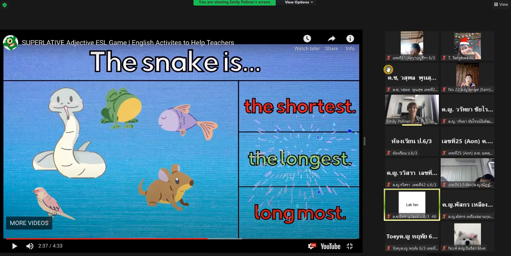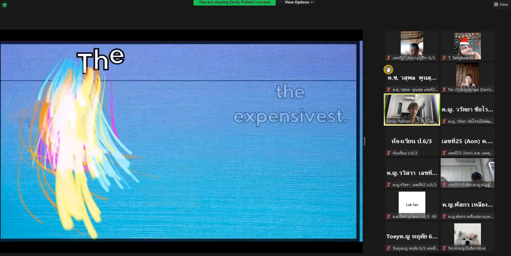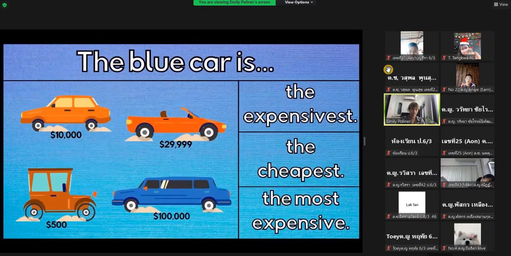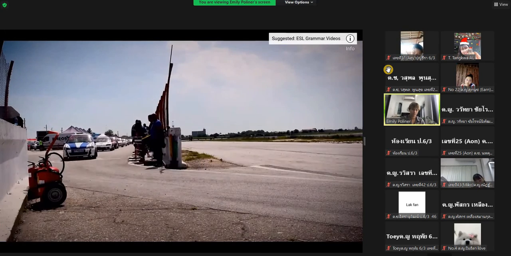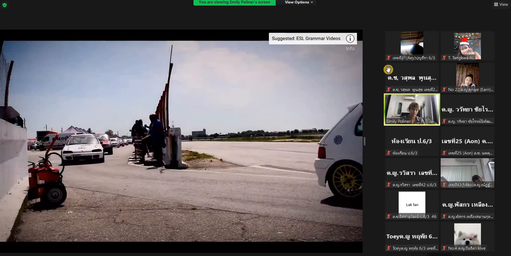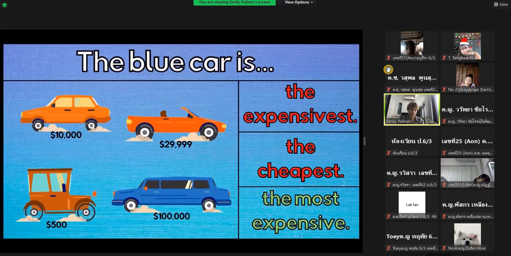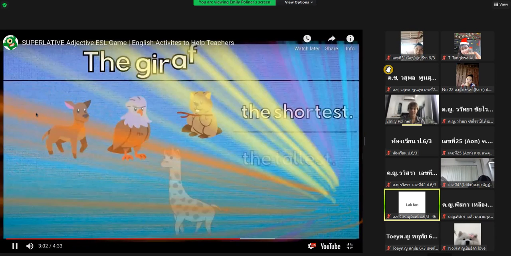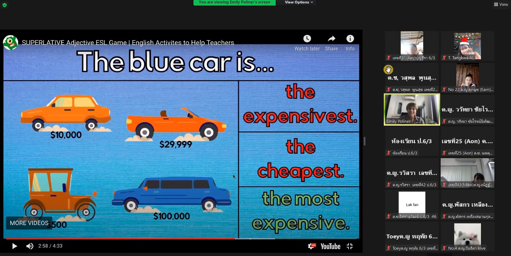Good work. The most expensive. Very good. Sorry, my computer wasn't letting me pause. The blue car is the most expensive. Very good.